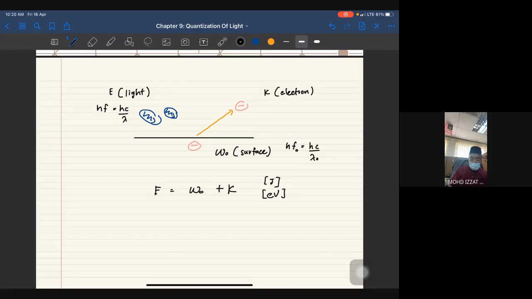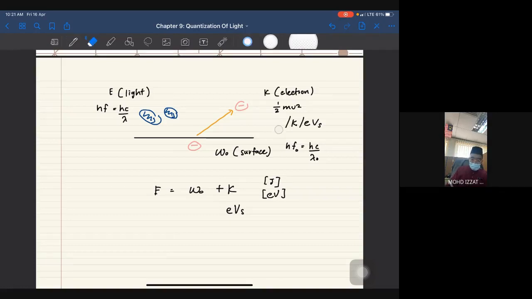Now for kinetic energy, you can write it as half mv squared if you want to find the velocity, and this can also equal K or eV s. All these you can interchange. Normally they will put this one as K, sometimes they put it as eV s. So K you can write as eV s as well.